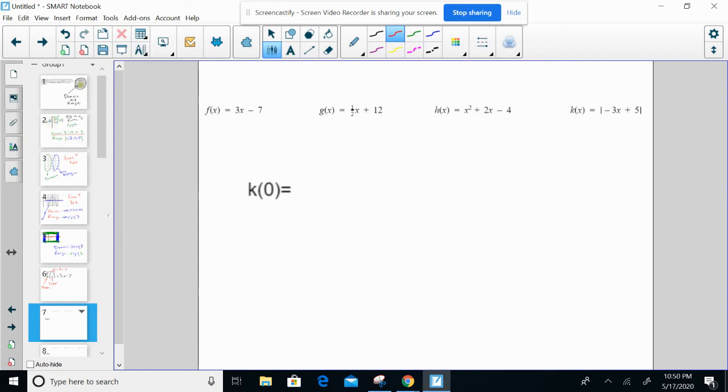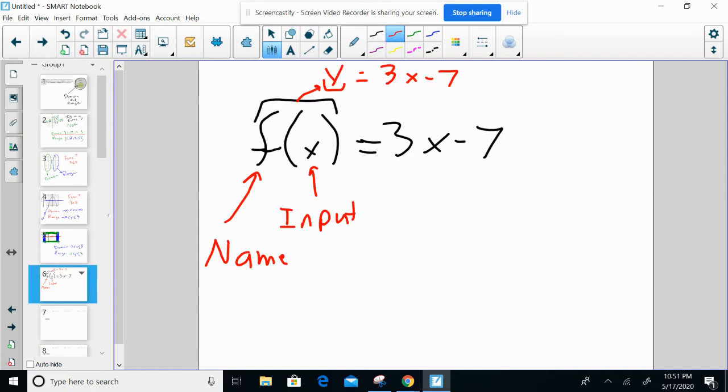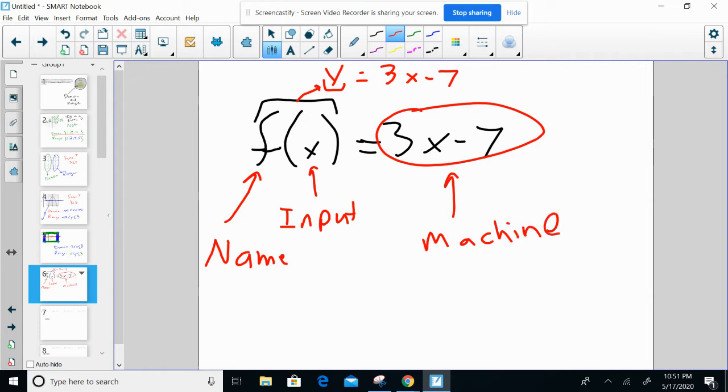We don't want to just put y because then we can't tell them apart, maybe on a graph or whatever. So we give them a name. That's why we replace the y with f of x. Here's your name, your input, and then this is the machine. This is the function. I'm going to just call it the machine. This is where you're putting something in, and it's going to come back as something different.